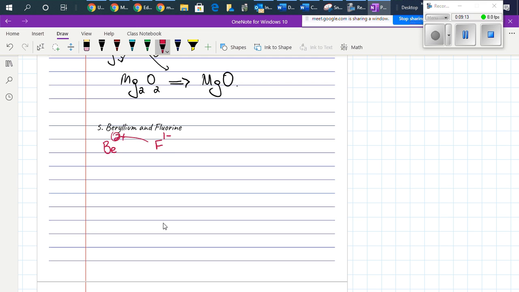So now we switch, and then we'll have Be1F2. Since 1 is not written in math or chemistry or science in general, it will be BeF2. And the name for it will be beryllium fluoride.